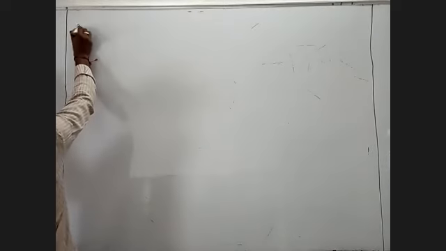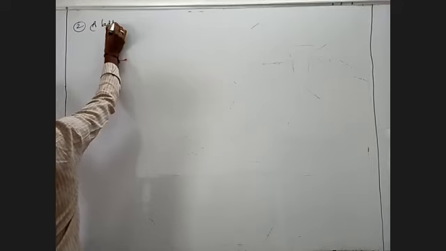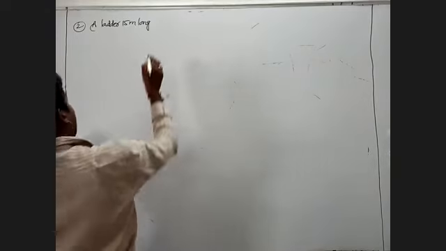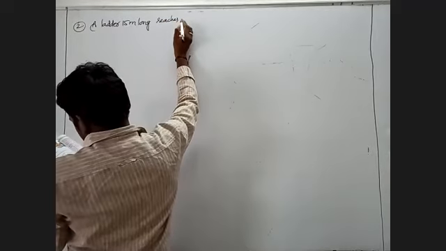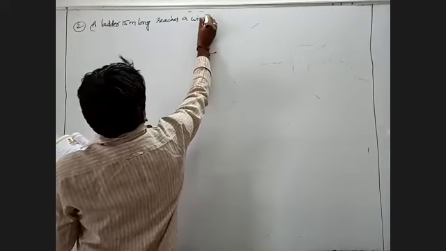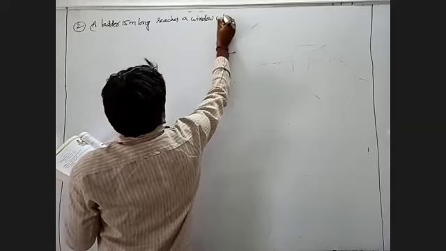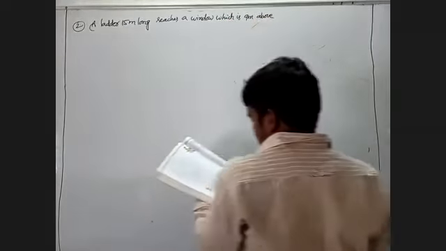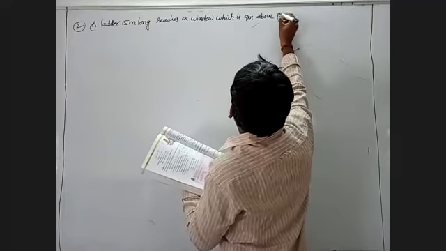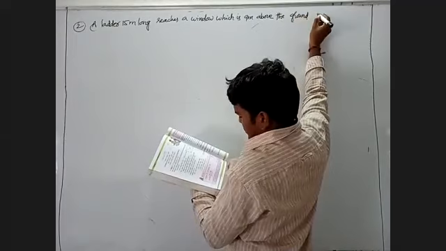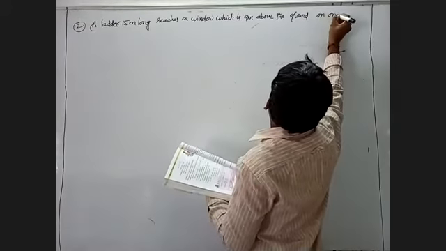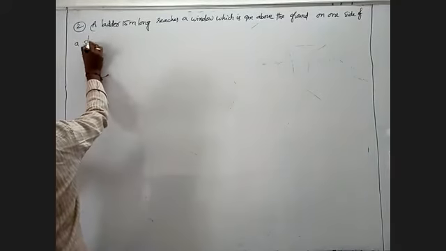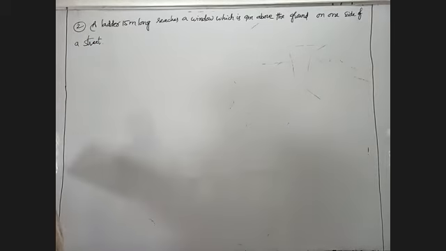That is, a ladder 15 meters long reaches a window which is 9 meters above the ground on one side of a street.